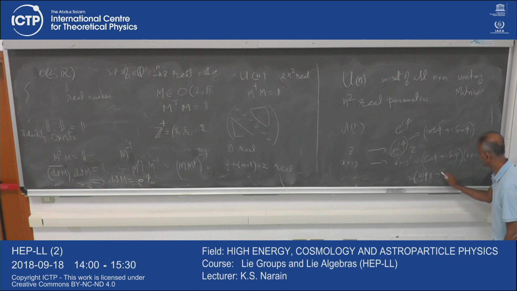So you get here minus sine phi times y. And the imaginary part is cosine phi y plus sine phi x. But this is exactly the SO2 transformation we saw, right?